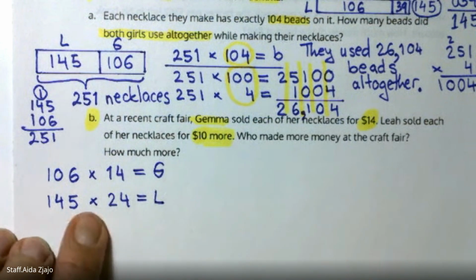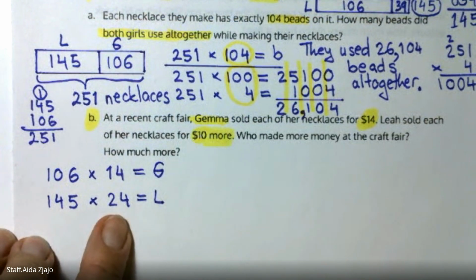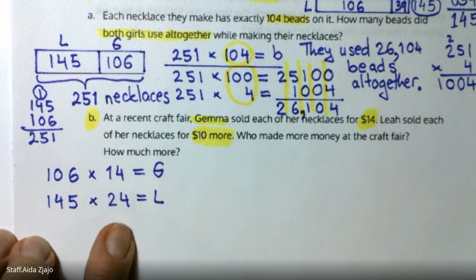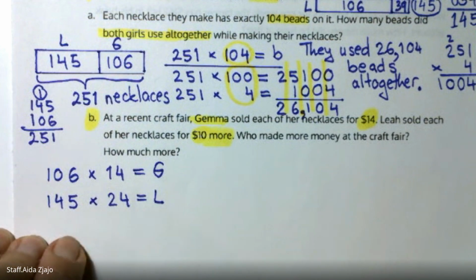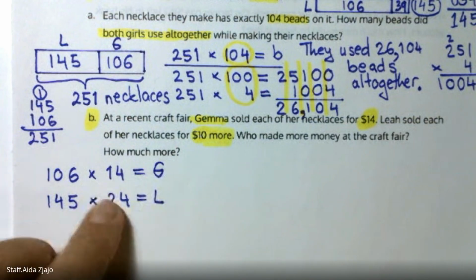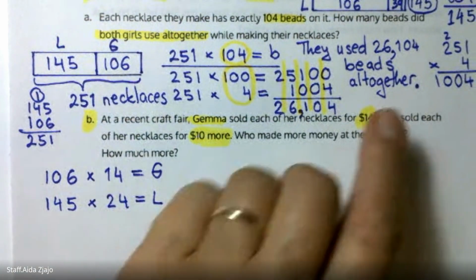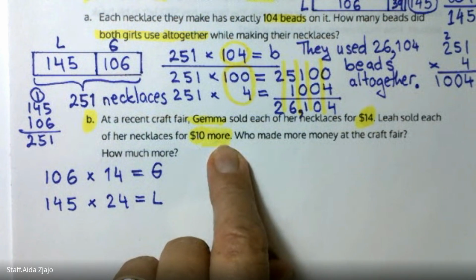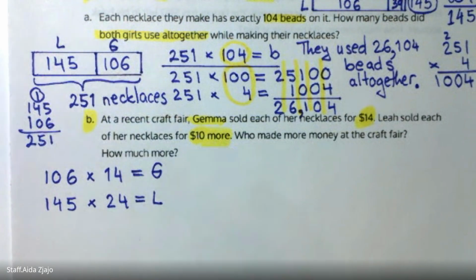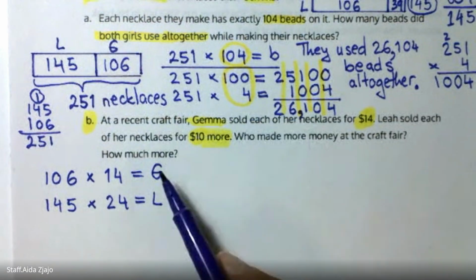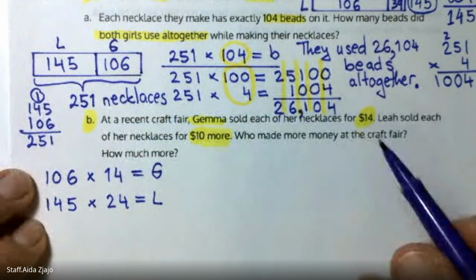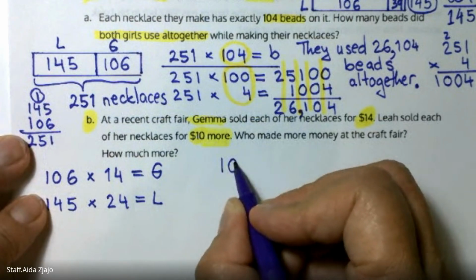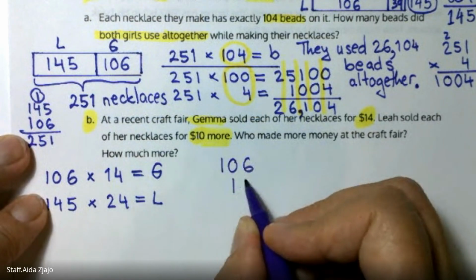Leah sold hers for 145 times 24, and Gemma 106 times 14. You can see right there that Leah made more money because she sold her necklaces for $10 more each. So who made more money at the craft fair? How much more? So that's the question. So 106 times 14.